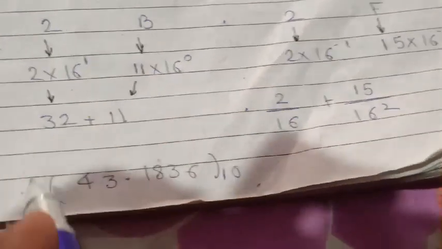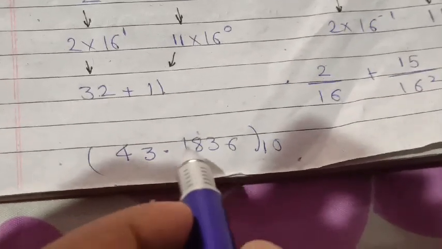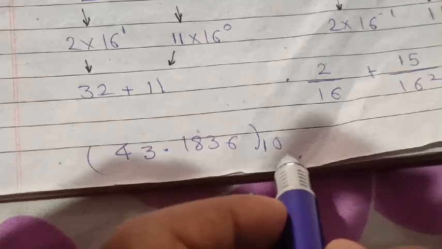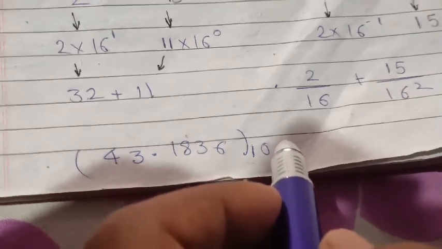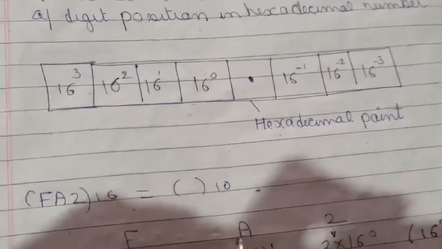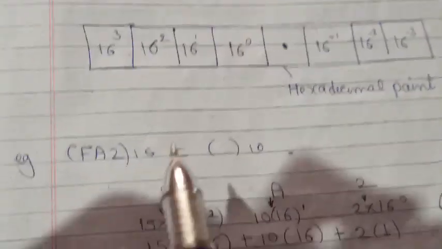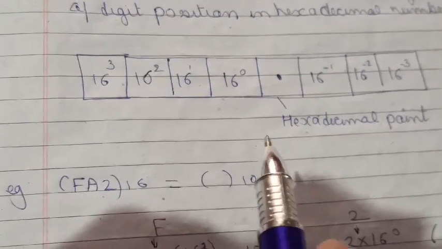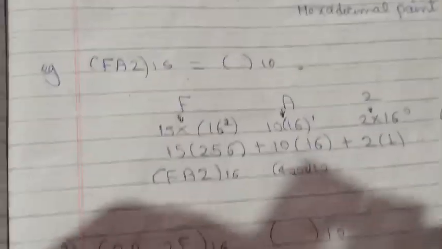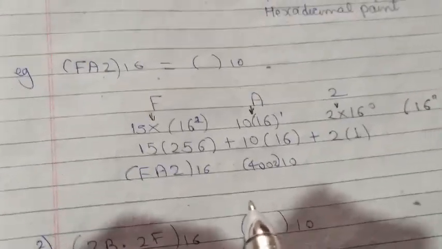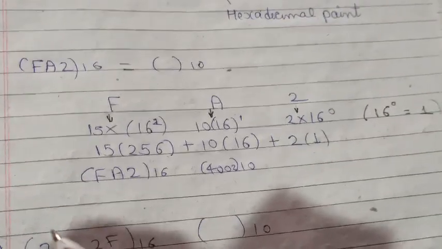After doing all this calculation you will get 43.1836, that is your decimal number. So by using this particular table you can convert any hexadecimal number to a decimal number.